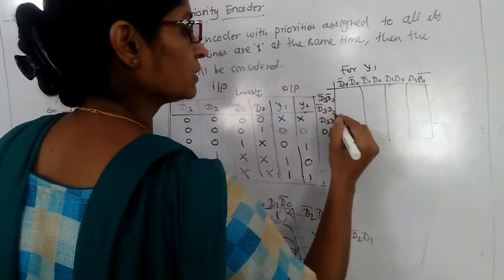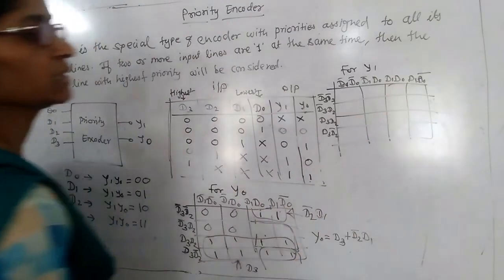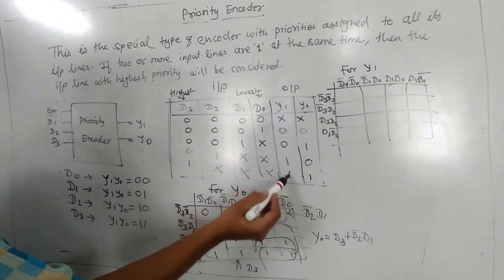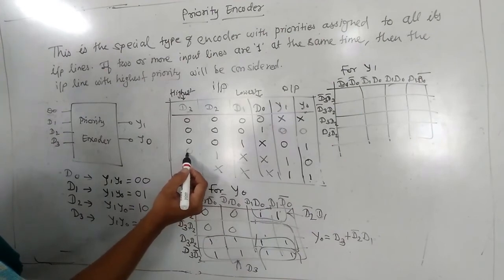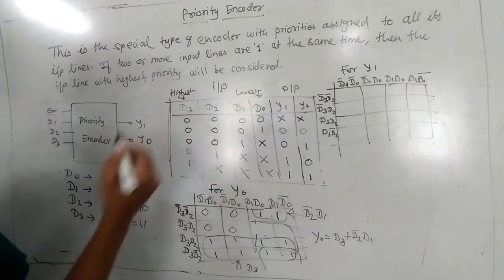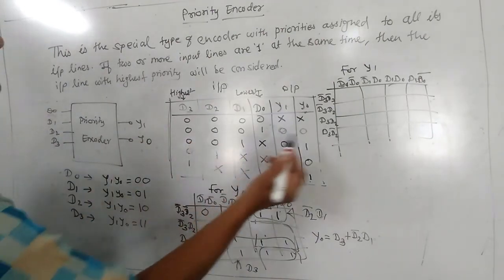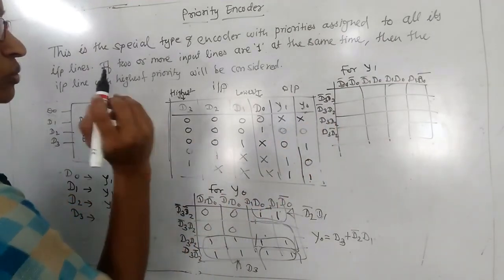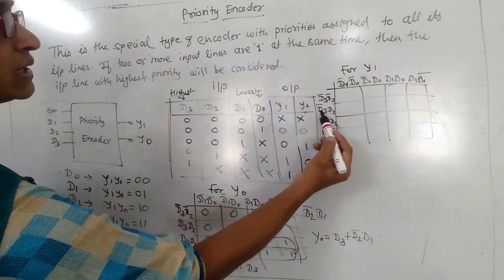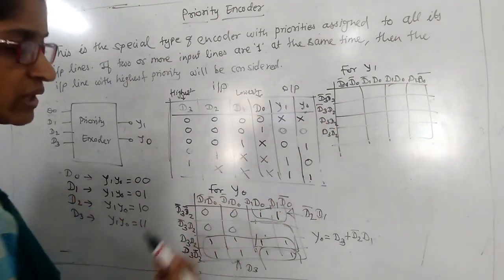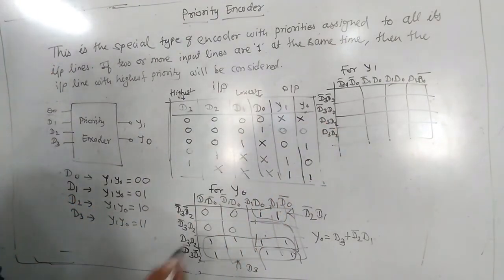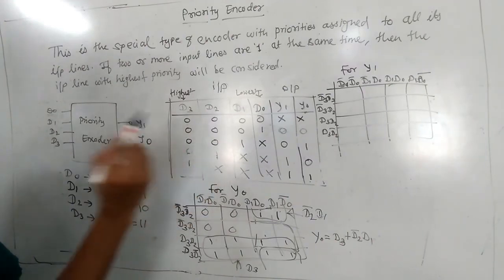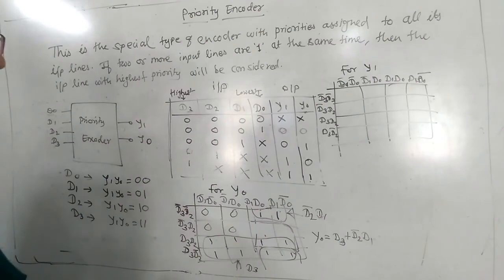So we have to plot the output Y1. Here Y1 is 1 for these two input combinations, where D3 is 0 and D2 must be 1. Now D1 and D0 are don't care.